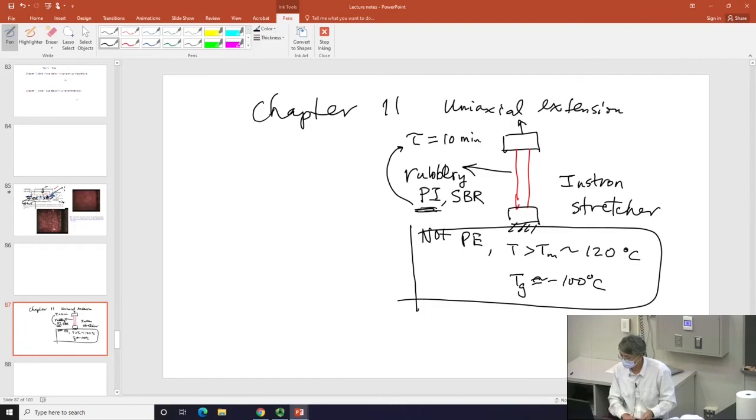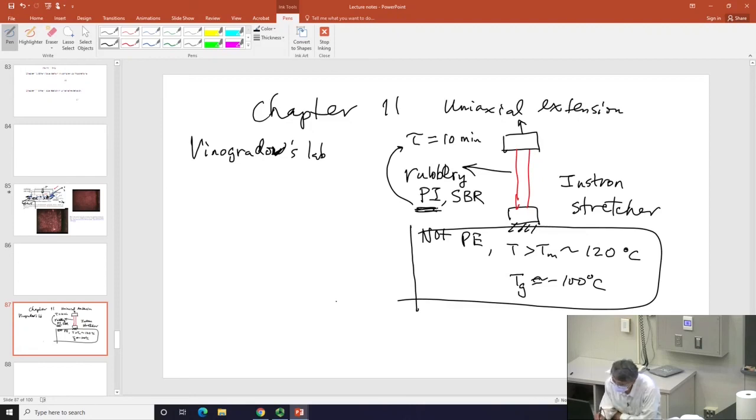So in any case, the Russian group, particularly Vinogradov group lab, have made all kinds of observations when they get hold of rubber and try to stretch.